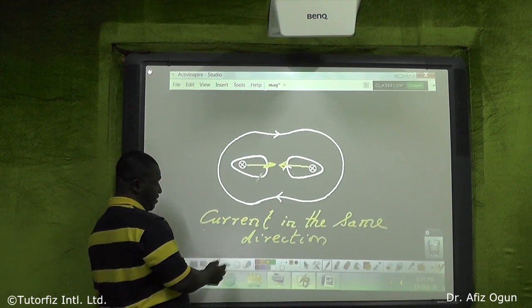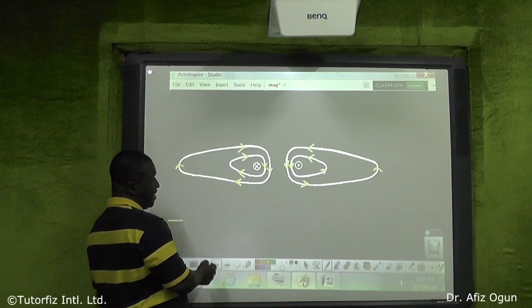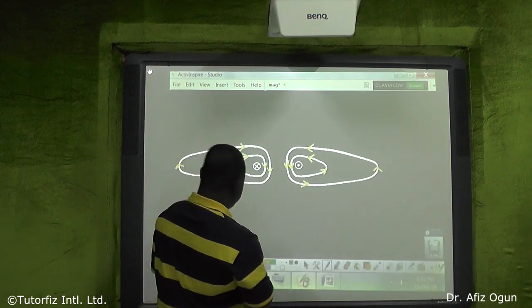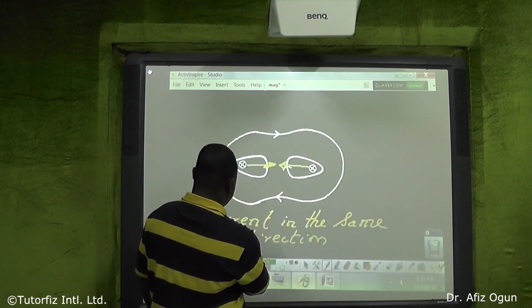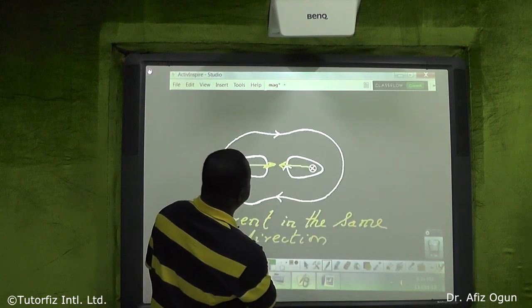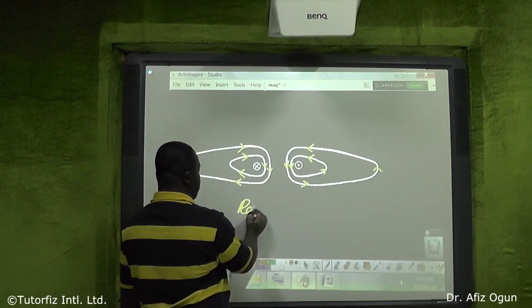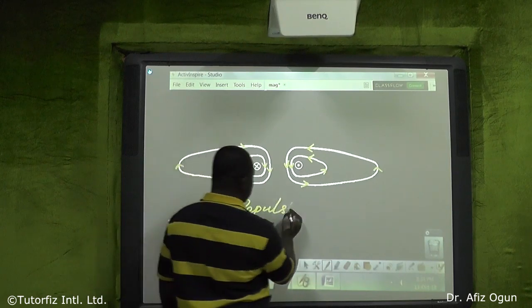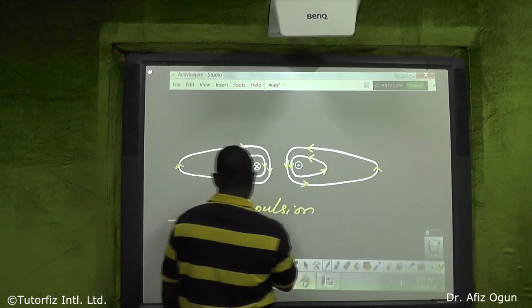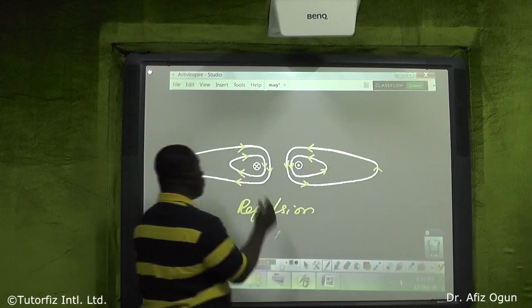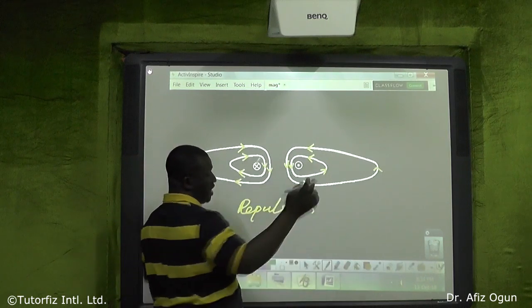And in the other one, there is a repulsion, with current in the opposite direction: current moving in there and current moving out here.